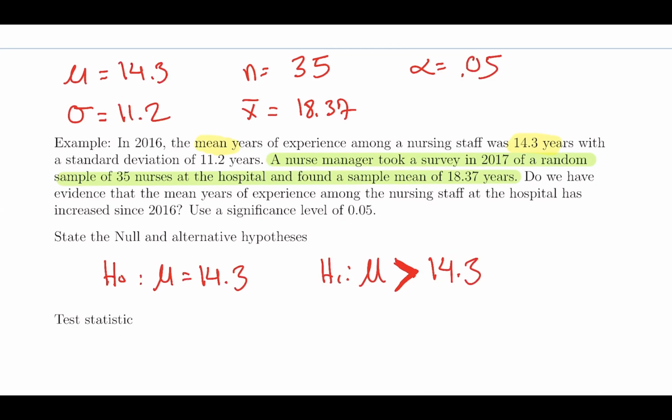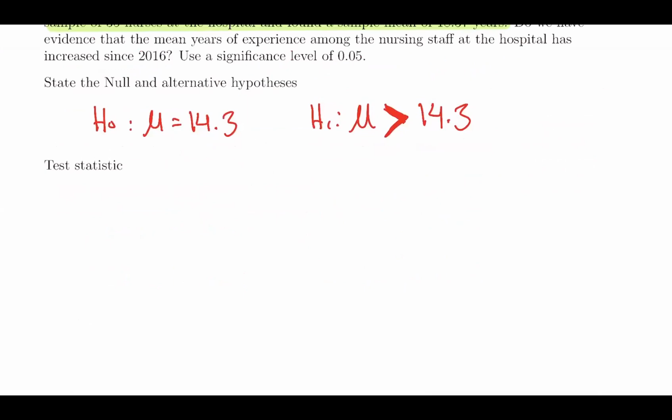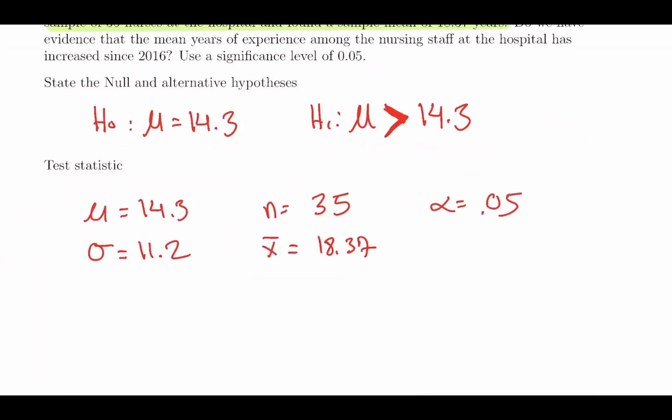All right, so let's go on, and now we're going to do the test statistic. Once again, we're going to let the calculator do our work for us. For our calculator, we just need this information here to enter it.